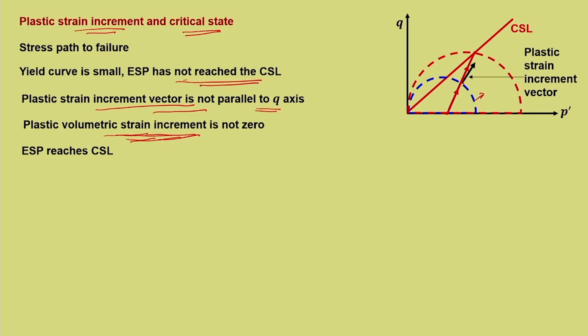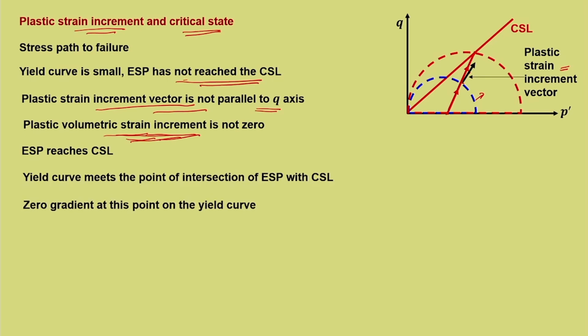So, the plastic volumetric strain increment becomes 0 at this particular point, and when that becomes 0, that is d epsilon p dash p becomes 0, it means the plastic strain increment vector has to be parallel.